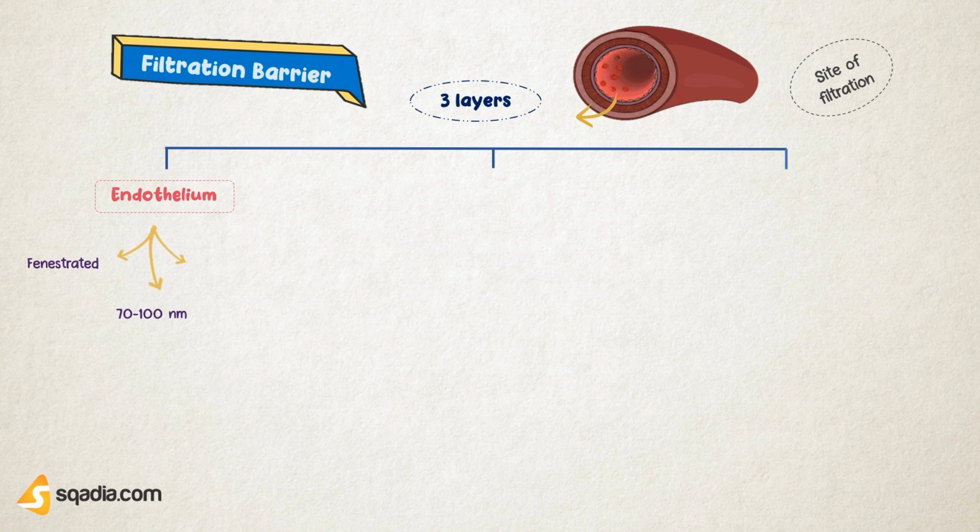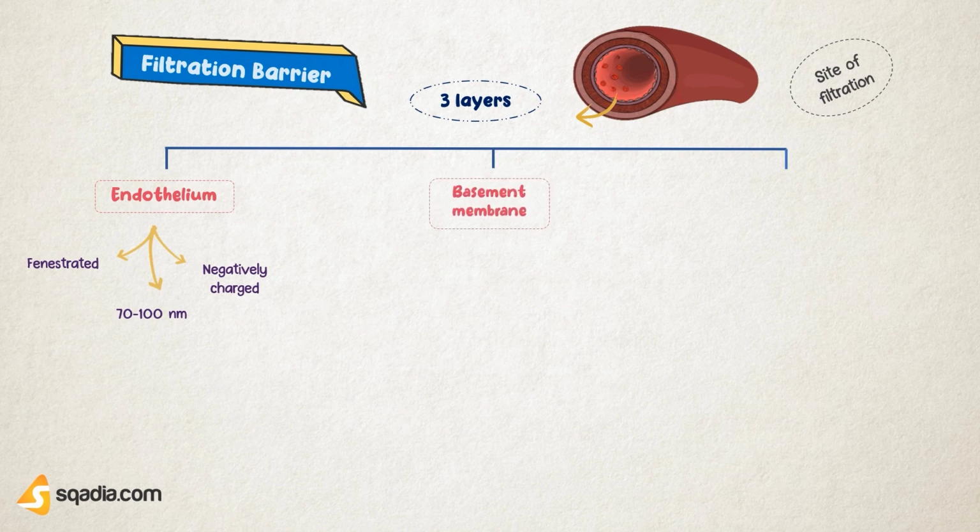Due to these fenestrations, these capillary membranes are 50 times more permeable than other tissues. Also, these endothelial cell proteins have fixed negative charges, and these negative charges inhibit the passage of large plasma proteins or negatively charged compounds.